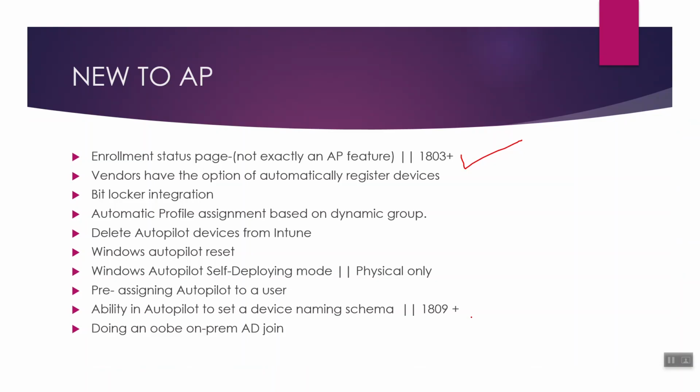Another thing which is out there is that the vendors have the option of automatically registering the device to the portal. Or the vendors can provide a CSV, and what we can do is we can make a group.